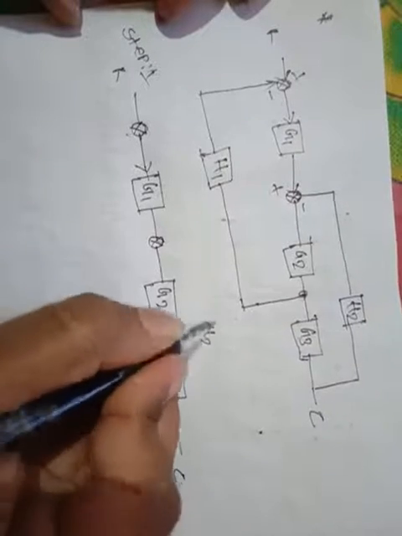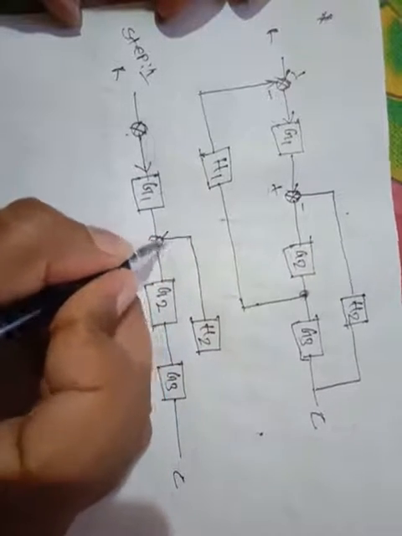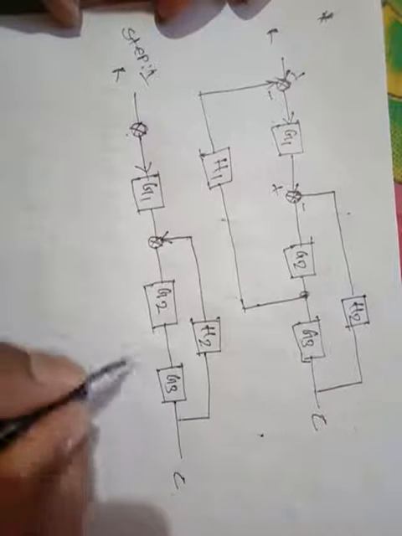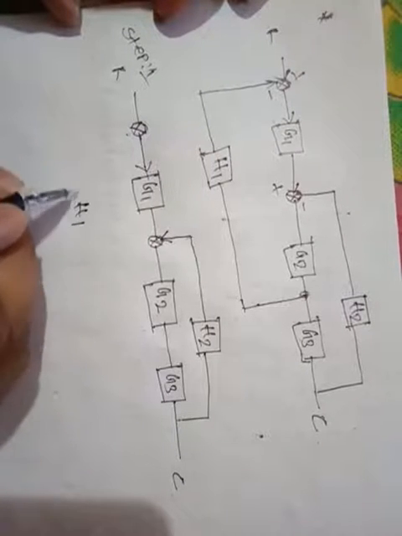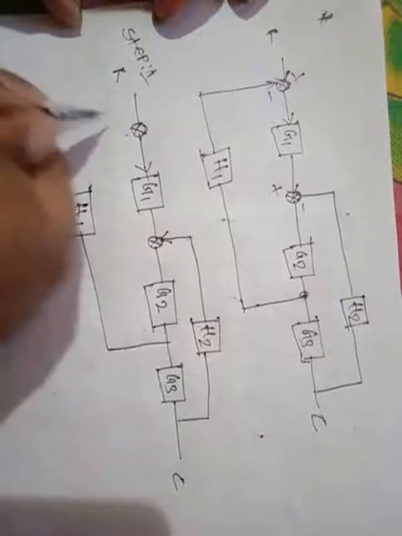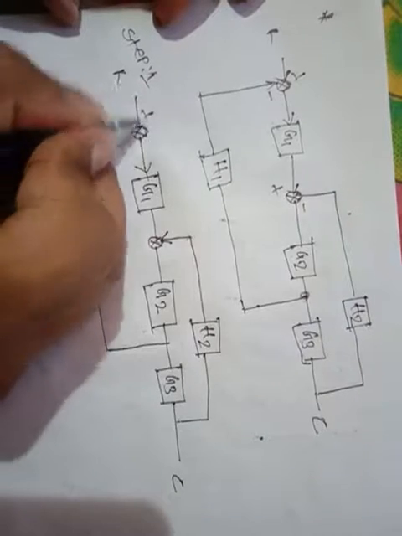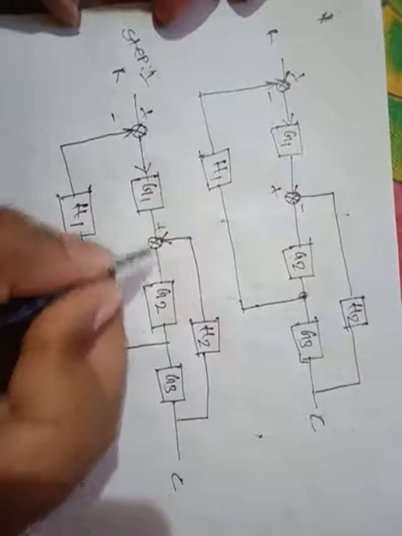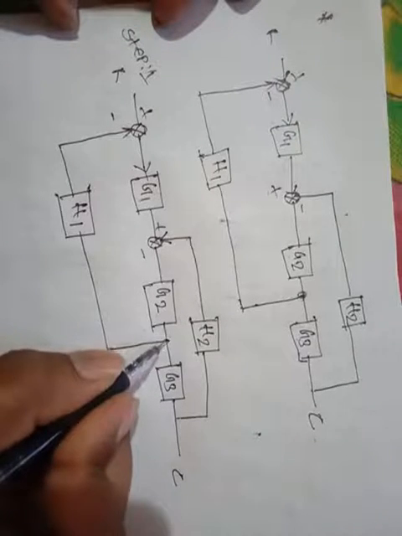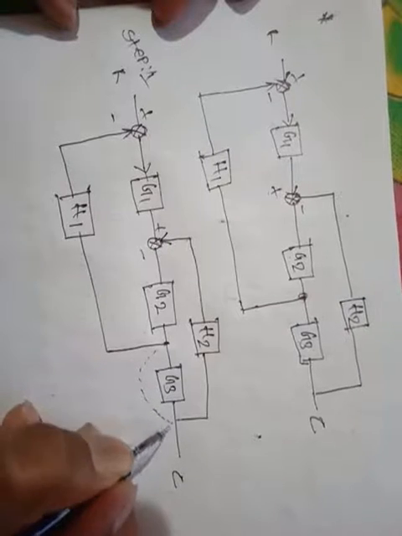Another feedback element, H2, is connected here, and another is here. Then the feedback element is connected between G2 and G3. Minus, plus, plus, minus. The takeoff point is forwarded here.